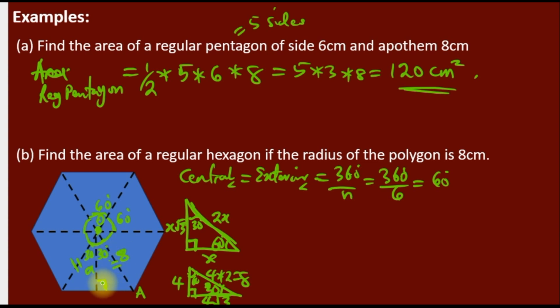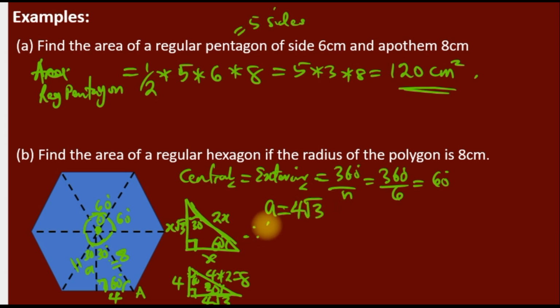Since the one opposite 90 is 8, the one opposite 30 will be 4. The remaining angle is 60, since this is 90 and this is 30. Therefore, a will be 4 times root 3.